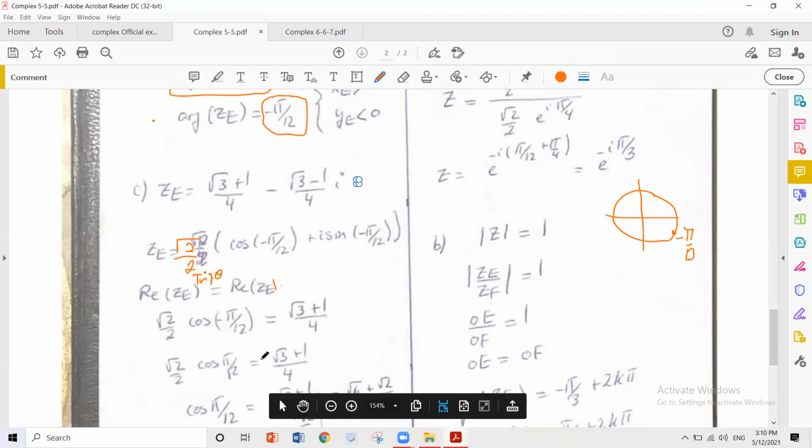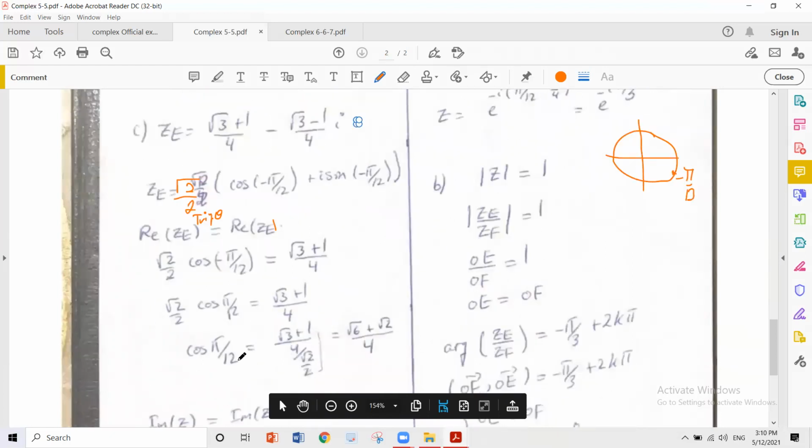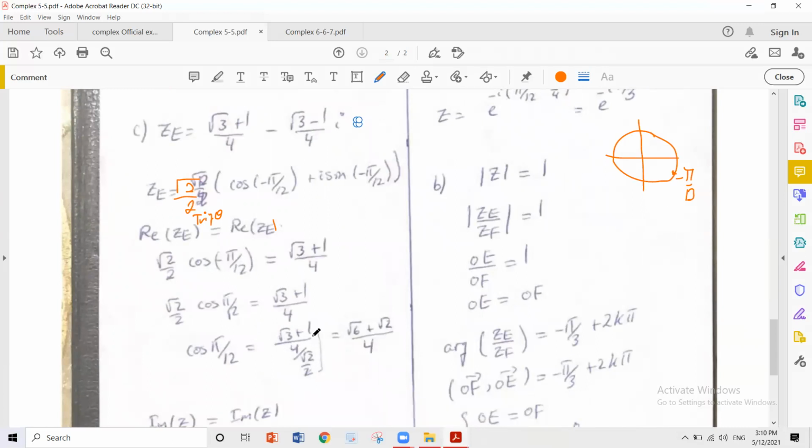Radical 2 over 2 cosine pi over 12 equal radical 3 plus 1 over 4. So cosine pi over 12 is radical 3 plus 1 over 4 over radical 2 over 2. Outers over inners. يصير عندنا radical 6 plus radical 2 over 4.